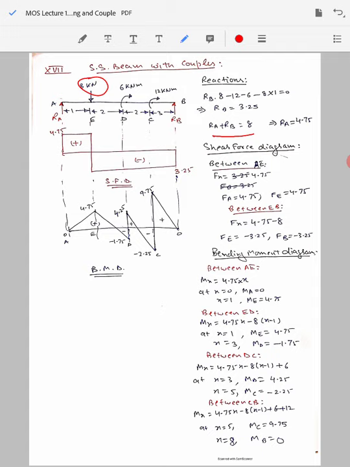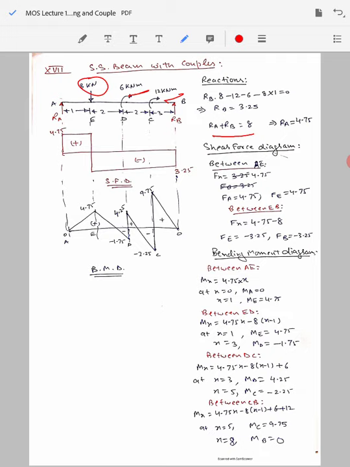Now for deriving the moment equation, we need to consider the applied couples also. There are applied couples of 6 kilonewton meter and 12 kilonewton meter here, which are acting in the clockwise fashion.